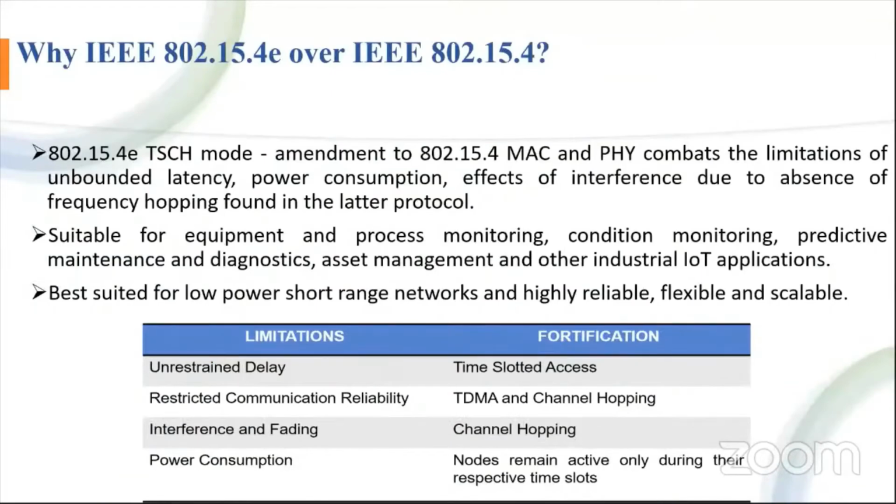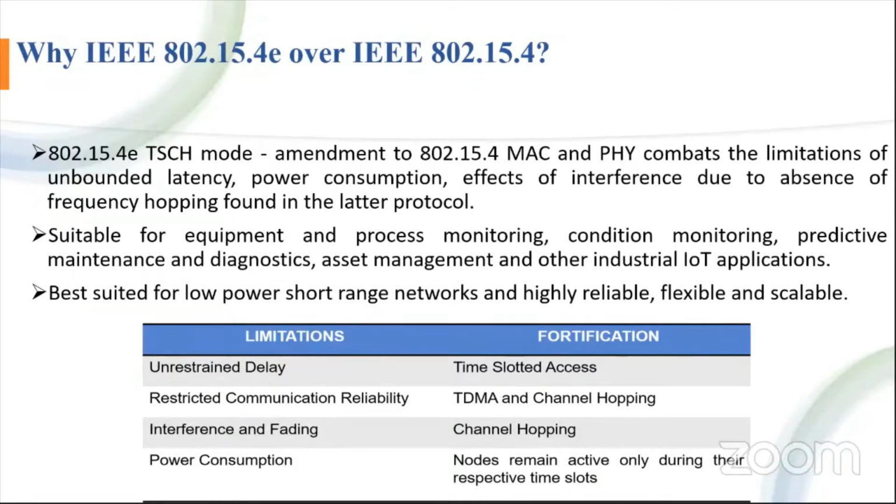Okay, very good. So, quick recap, why 15.4e over 15.4? This is an amendment, 2016, that combats limitations of unbounded latency, power consumption, and so on. Effects of interference are gone because you are using the whole range of frequencies which are out there because of frequency hopping.